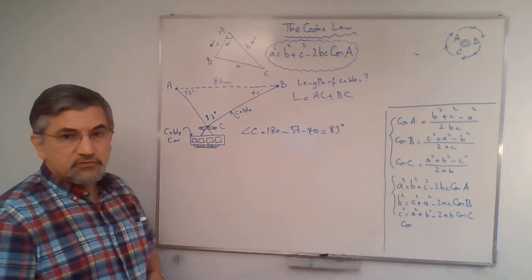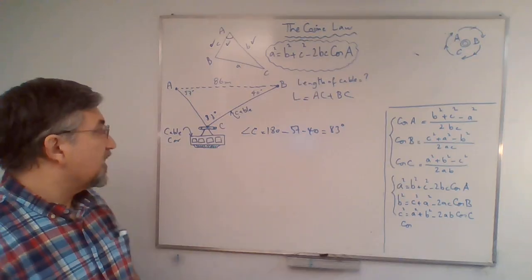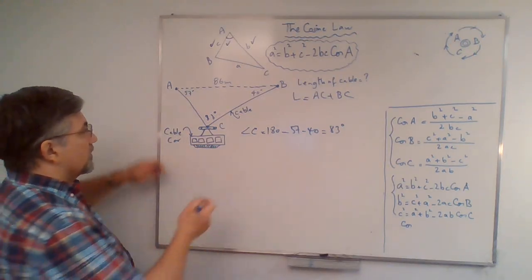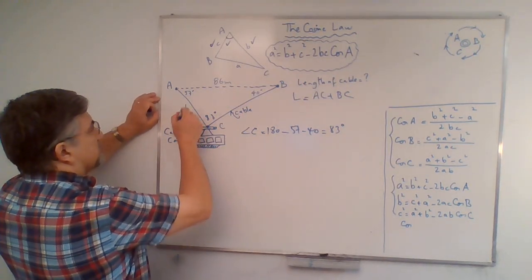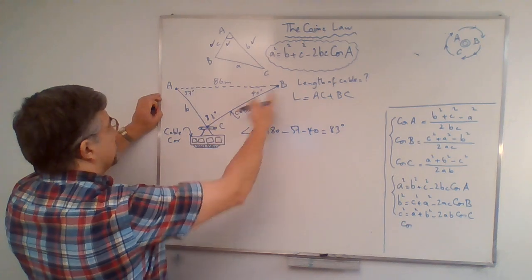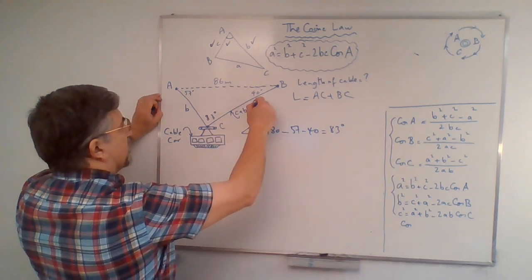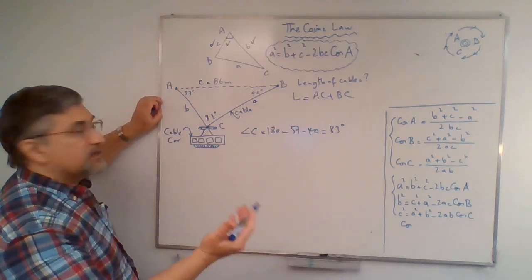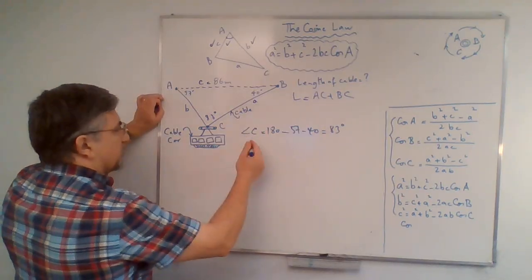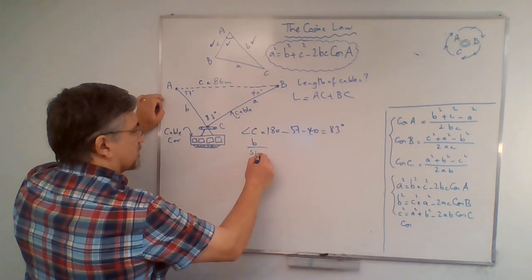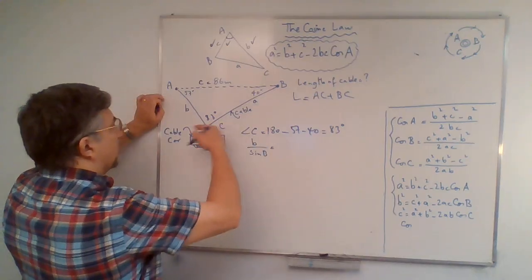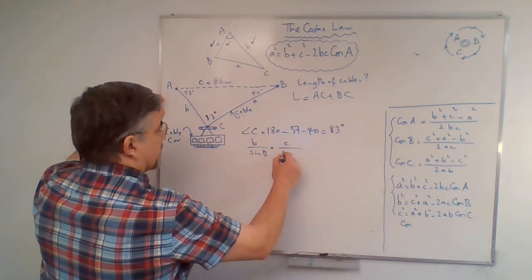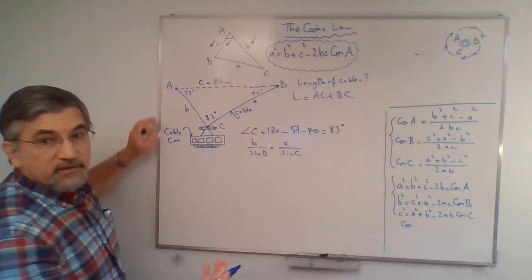And then I'm going to use sine law to find side AC. Side AC is lowercase b, side BC is lowercase a, and side AB is lowercase c. So I'm going to say b over sine B equals c over sine C. This is sine law.